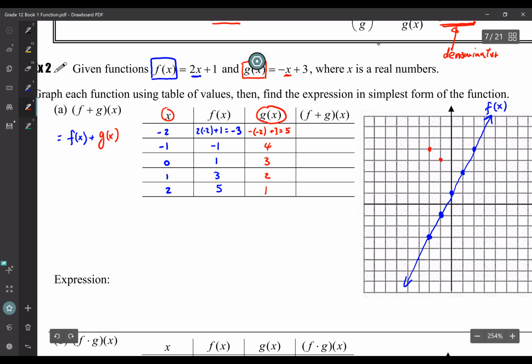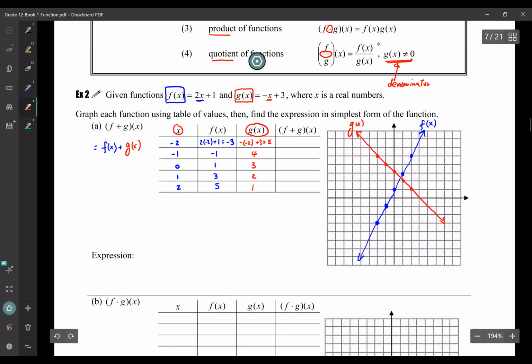So that's another line as well. 0, 3. And then 1, 2. And right here. So that's the second line. Label at the end, g of x.